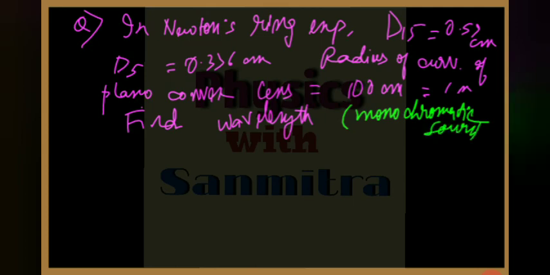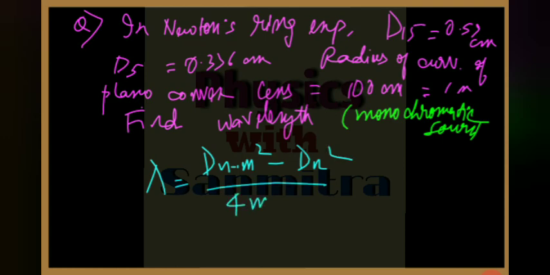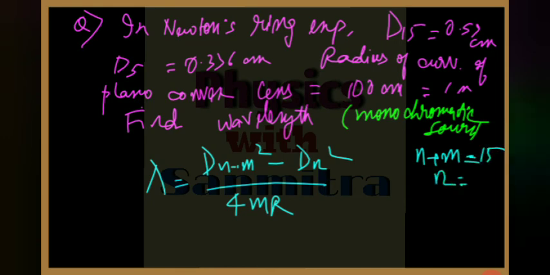So let's solve this one. Lambda I can write as d(n plus m) square minus dn square divided by 4mr. See, n plus m here is 15 and n is equal to 5. So the difference m is 10.